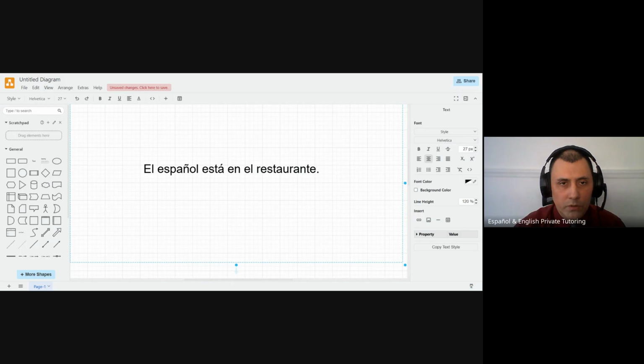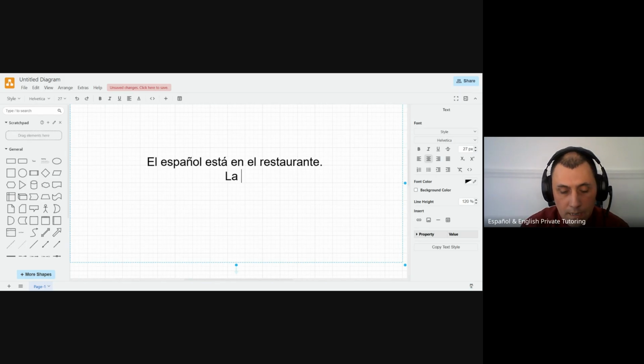The thing is that you don't have this in English because you have to say the Spanish man to clarify the gender. But we do not because these nouns have gender in Spanish. Español is masculine. And if I want to say the female Spanish, the Spanish woman will be la española.